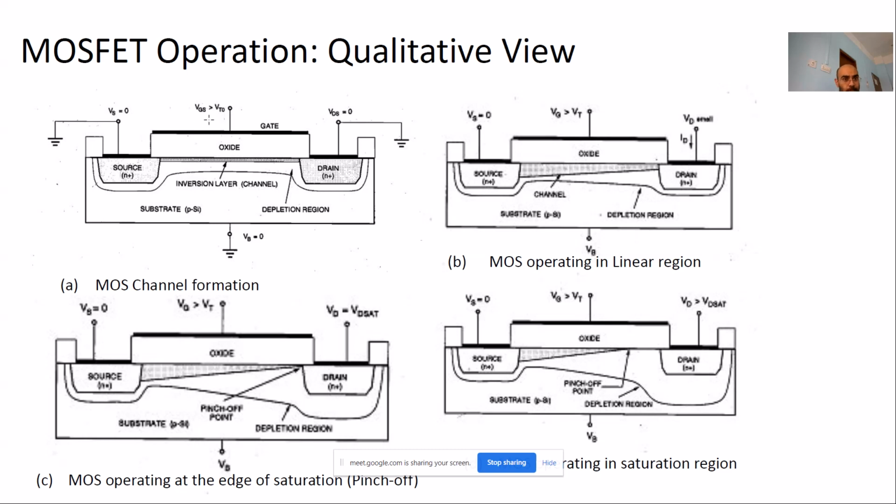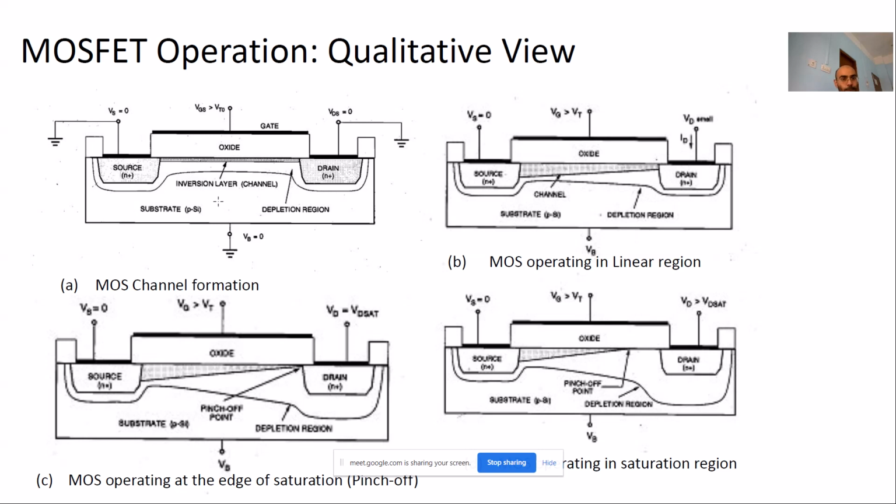When VGS is greater than the threshold voltage, the channel is completely formed. The channel is uniform throughout the region under the gate, from the source to the drain. Underneath, you can see that the PN junction is also formed. Some depletion region is formed underneath the source and the drain regions, and these regions are uniform throughout.